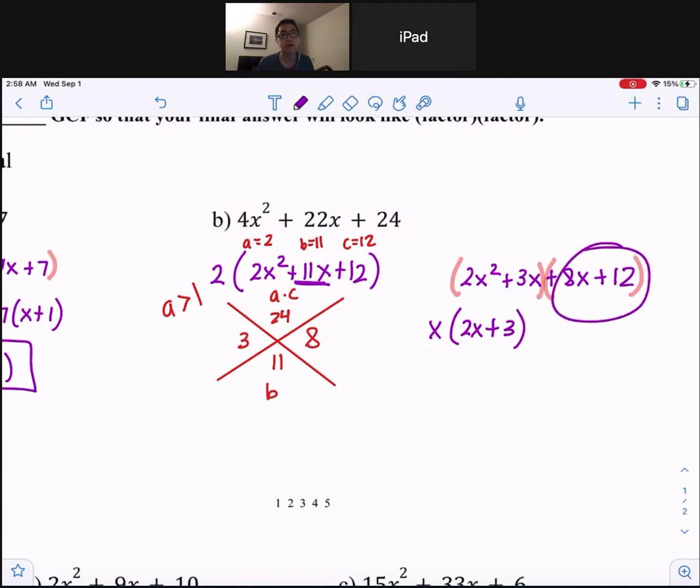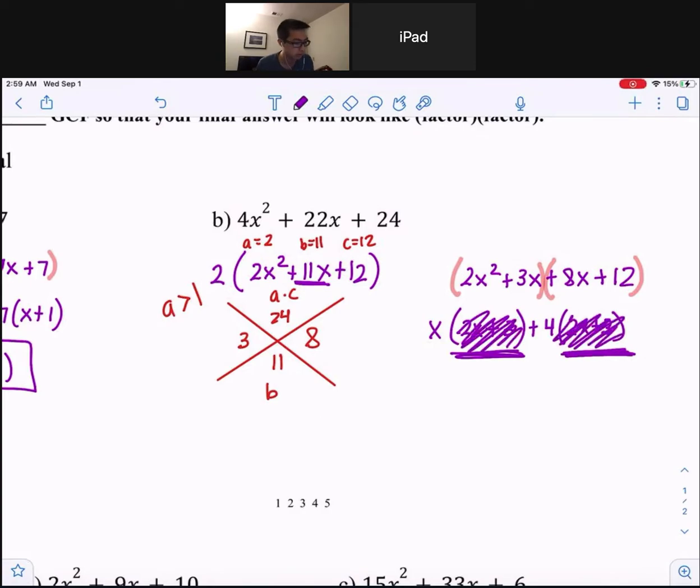Over here, you can factor out a 4 from both 8 and 12. If we factor out a 4, 8 divided by 4 is 2, so 2x. 12 divided by 4 is 3. Now look, they both have a common binomial GCF. So we can take away both the 2x plus 3 and this 2x plus 3.